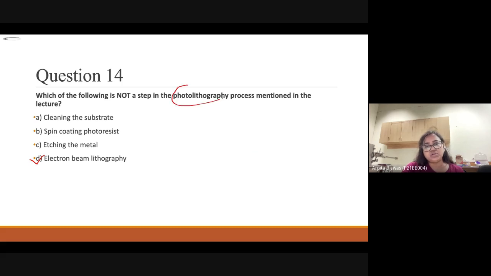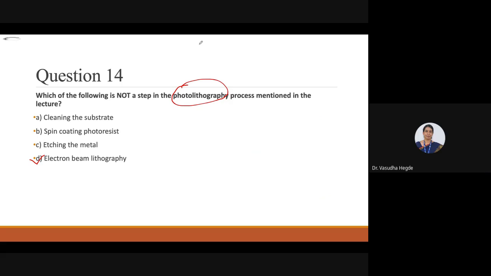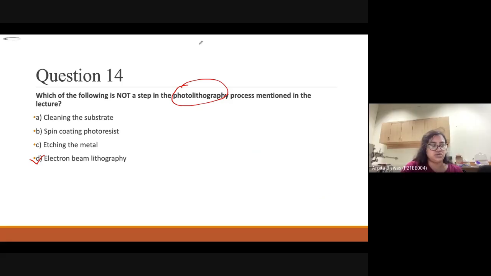If you go for the photolithography process, first we have to do the cleaning process, and it is also mentioned in the lecture video. So the right option is option B.